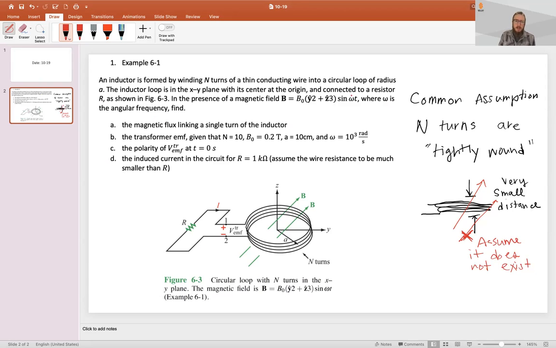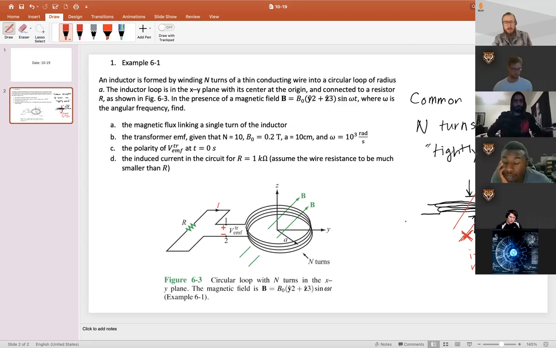Okay, so the loop is in the XY plane with the center at the origin. So if the loop is on the XY plane, what's normal to the loop? The z-axis. Yeah, so the z-axis, we'll just keep this in mind, is normal to this whole loop.